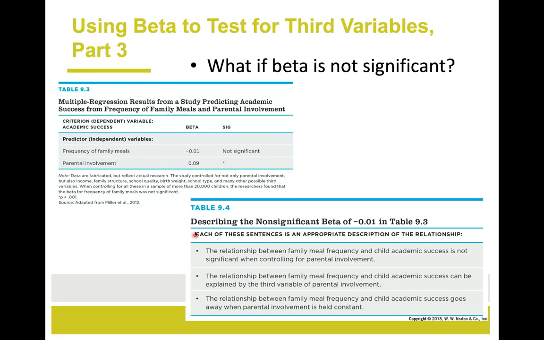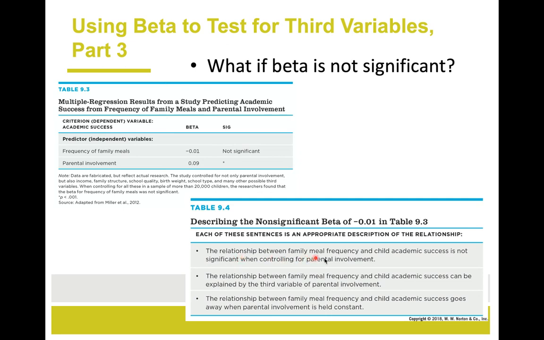What if we weren't significant? So here our example is we're predicting academic success from parental involvement and frequency of family meals. And when something is not significant, this is kind of what it sounds like.